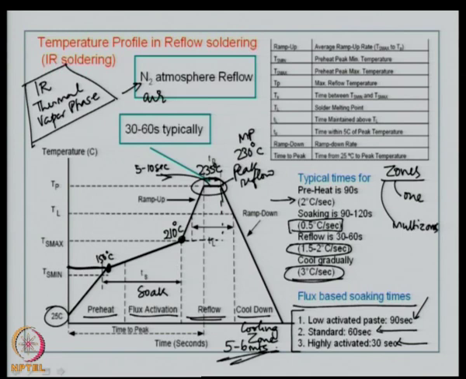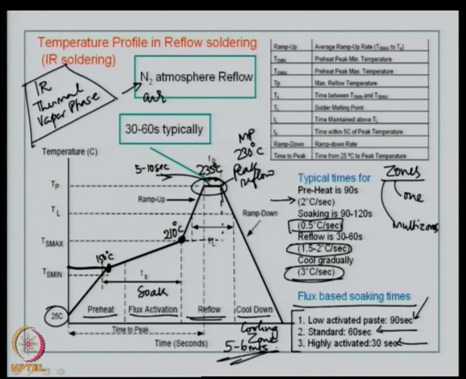So, in any case in a reflow zone you can accommodate quite a few boards, okay, in a particular batch, depending upon the conveyor belt size and so on. Therefore, it can never be less than 5 minutes. Okay. So, a process cycle typically takes about 5 to 6 minutes.